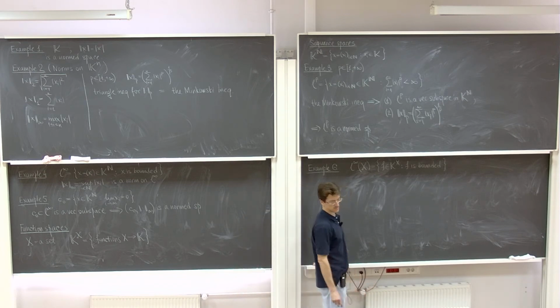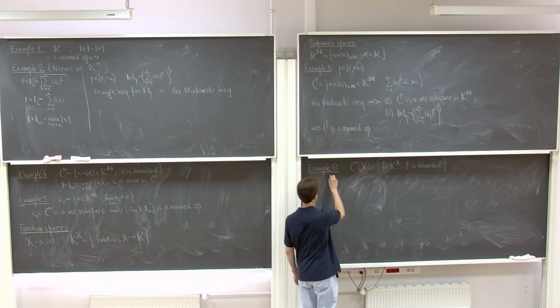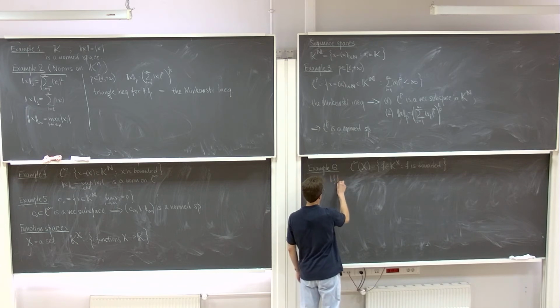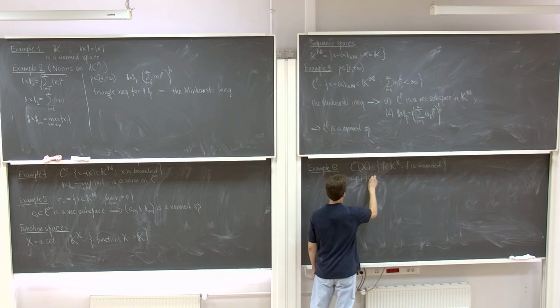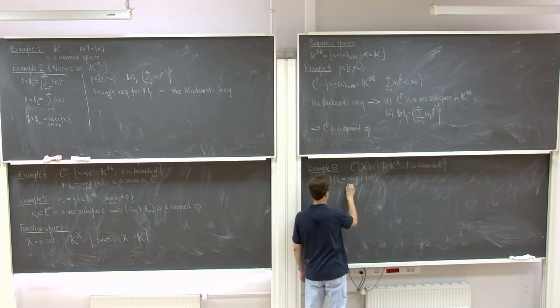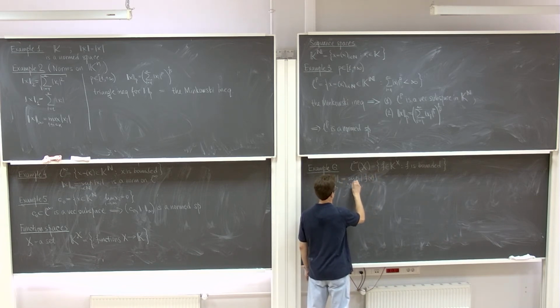And it has a canonical norm, which is just the supremum of the absolute value of f of x over our set.